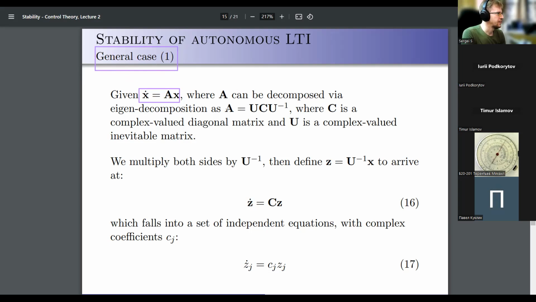Let us assume that matrix A has an eigendecomposition, but the only difference is that the eigendecomposition is given by complex numbers. So eigenvalues are complex and eigenvectors are complex. Previously we dealt with only real ones.